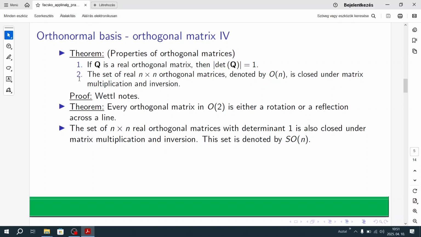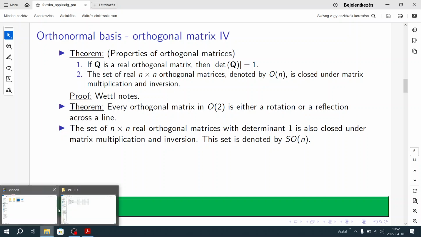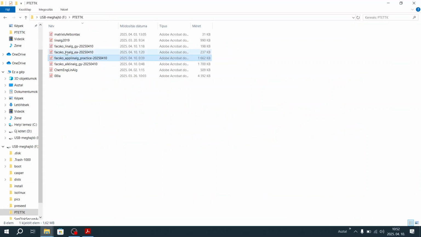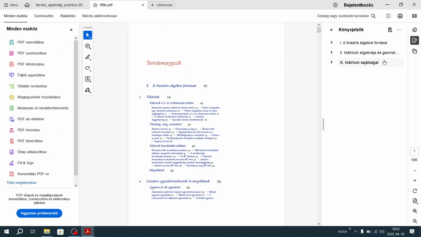But I have another example, just a moment.